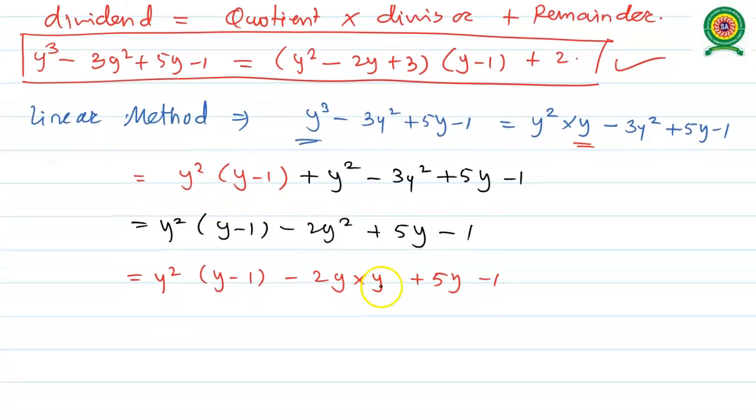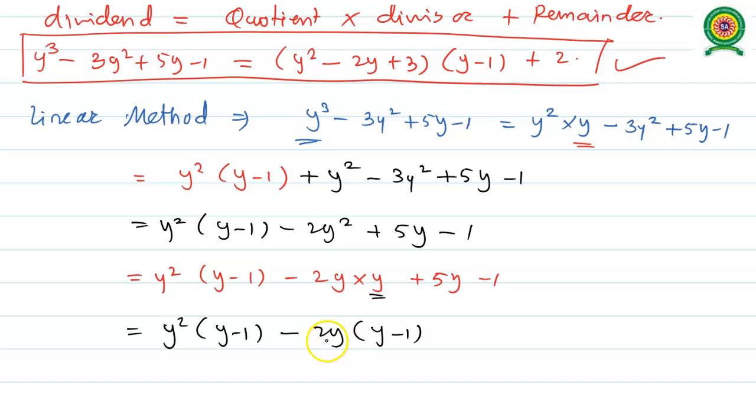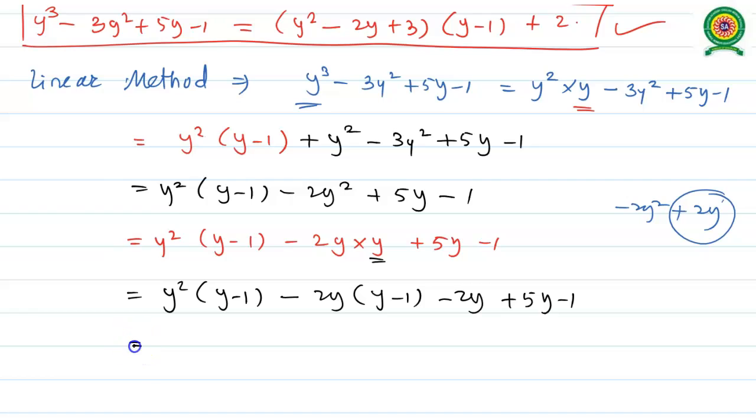Again, we replace this y by the divisor polynomial y minus 1, so that we get y square into y minus 1 minus 2y into y minus 1. Once we distribute minus 2y over the bracket, we get minus 2y square plus 2y. Now to cancel out this positive 2y, we write minus 2y plus 5y minus 1 as it is.